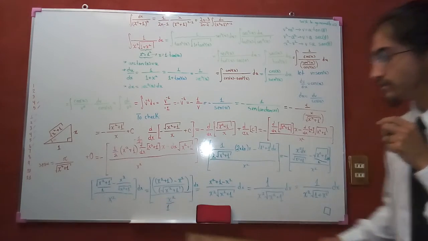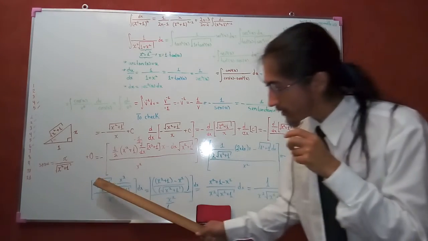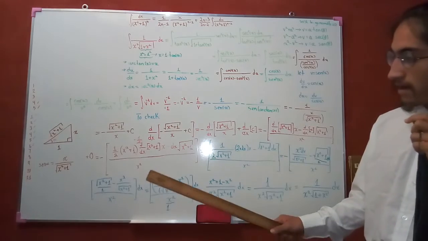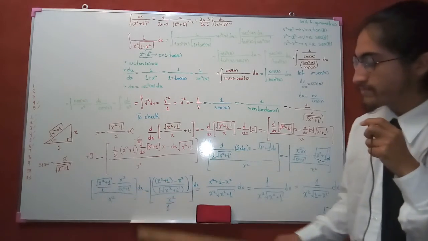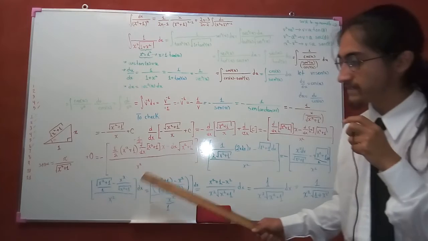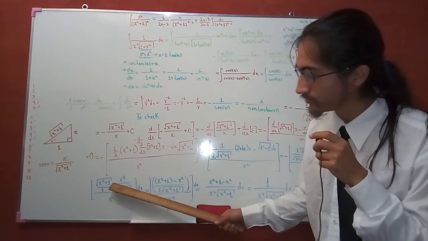This is equal to the product of this root multiplied by itself is equal to the number inside the root.